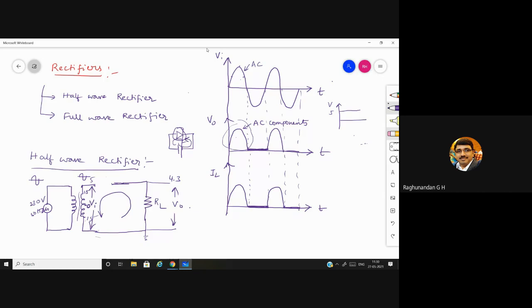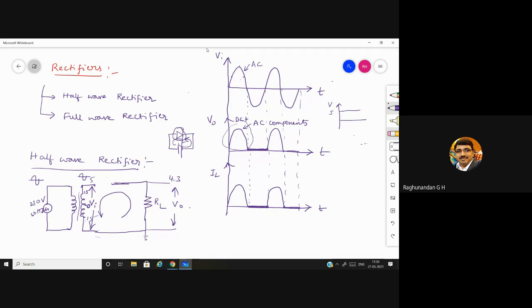Since it is passed through the diode, it will have DC in it. Along with this DC, AC components are also present. AC components in the sense AC signal. AC signal is also mixed up with this DC signal. That's why we are getting a shape like this.